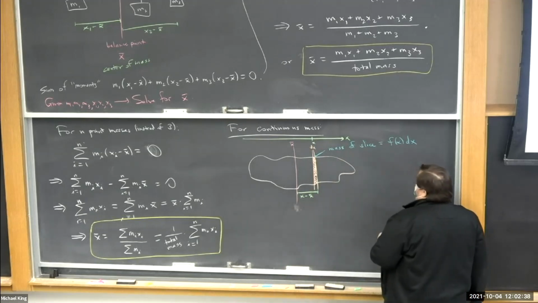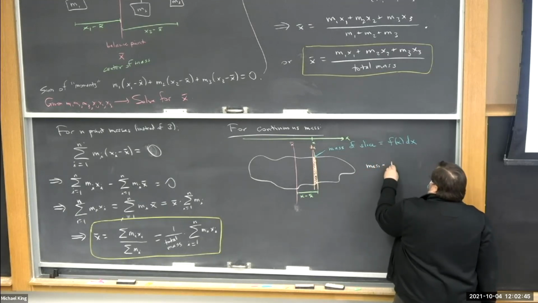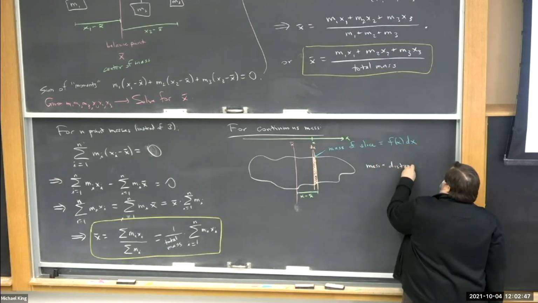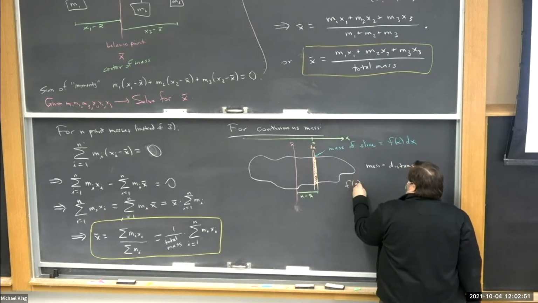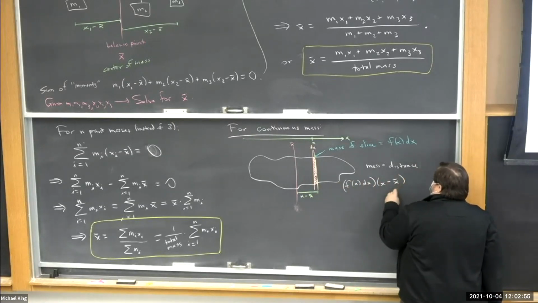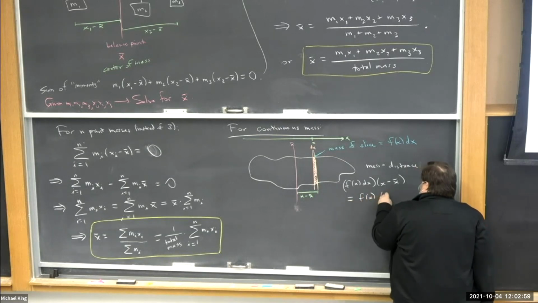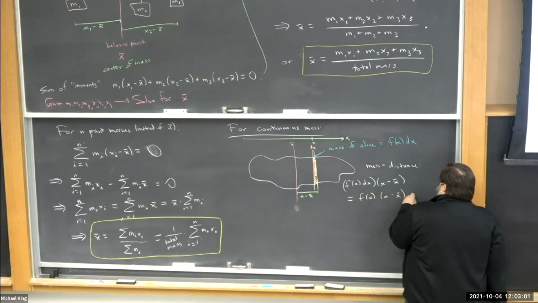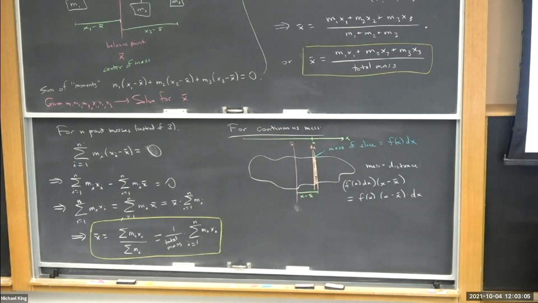Then we want mass times distance. So mass times distance in this language now is f of x dx times x minus x bar, which I'd probably write as f of x times x minus x bar times dx. And that's what we're integrating and setting equal to 0.